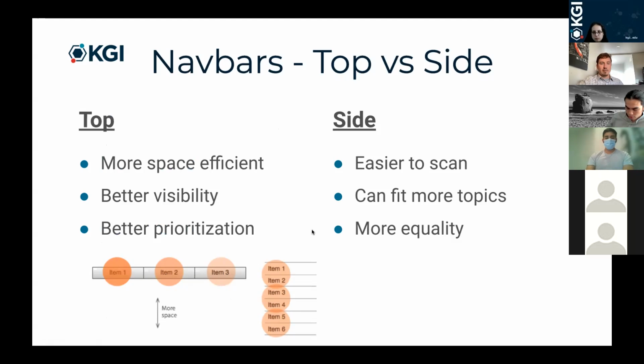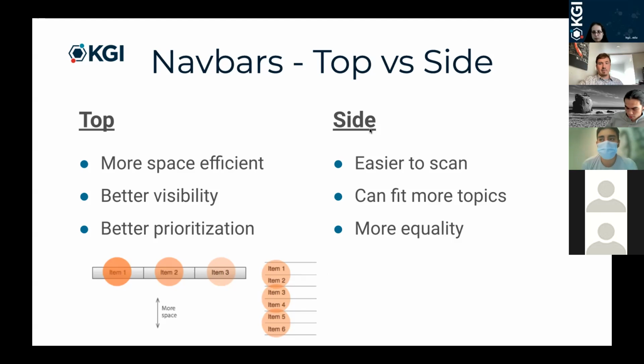Whereas a side navbar tends to take up a little bit more space because it's going to need to be as wide as whatever the content of the text is that you're trying to fit into the navbar. So you'll notice that a lot of web pages that use side navbars will actually hide them unless the user clicks the menu button or something like that, and that'll bring the navbar out.